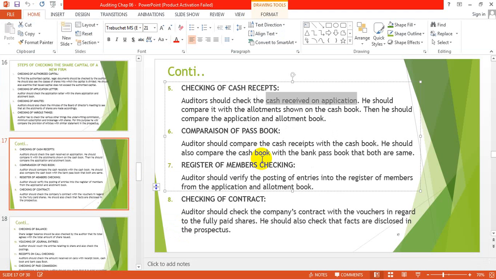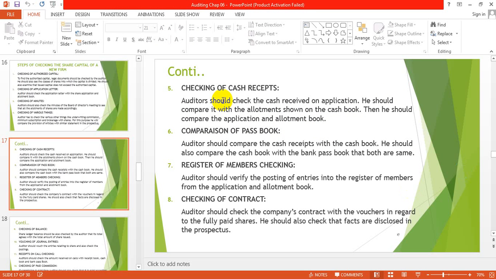If shares are allotted, the auditor will compare it with allotments shown on the cash book. There will be a proper record of this. Then he should compare the application and allotment book. In this way, he will make sure that this much amount of cash is received from the shareholders.